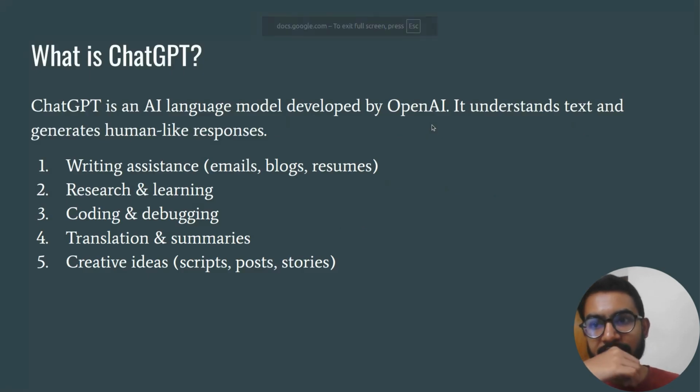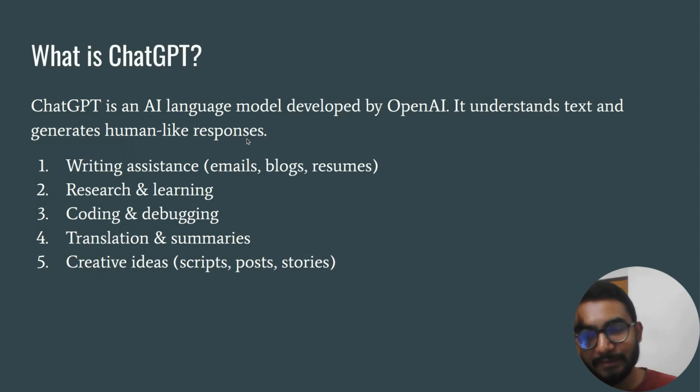So what does ChatGPT mean? ChatGPT is an AI language model developed by OpenAI, and it understands text and generates human-like responses. What can ChatGPT be used for? It can be your writing assistant for emails, blogs, and resumes, and you can also use it for research and learning purposes.